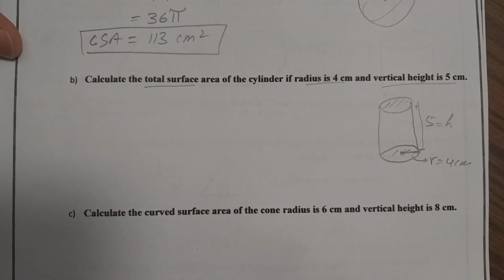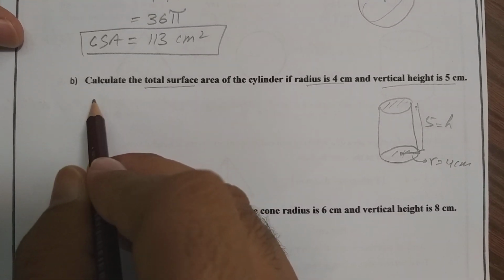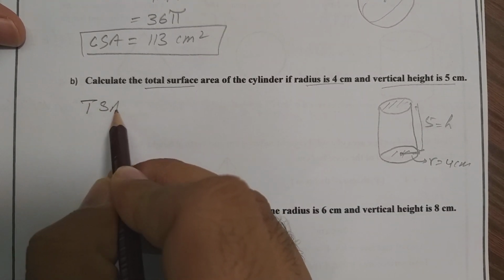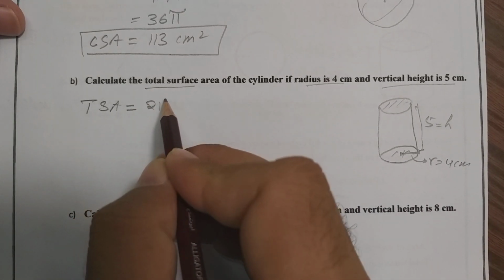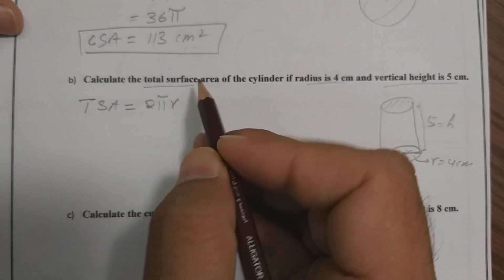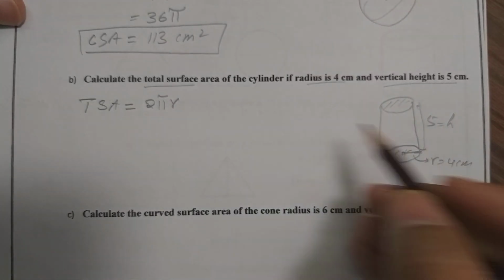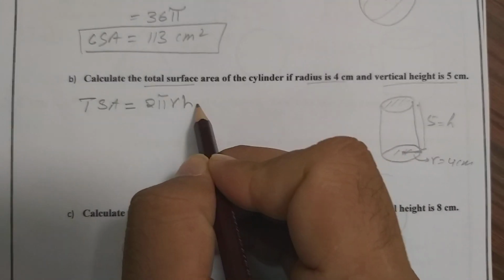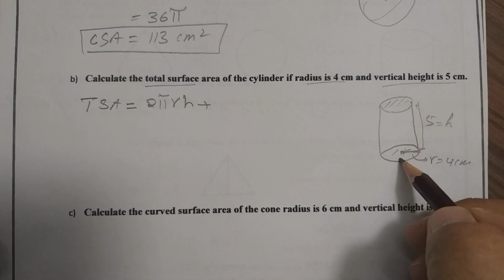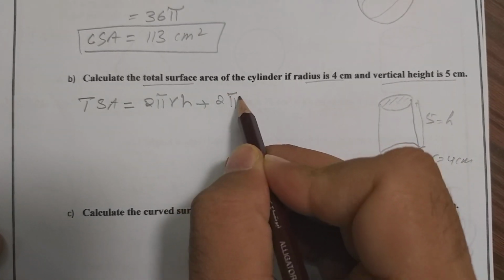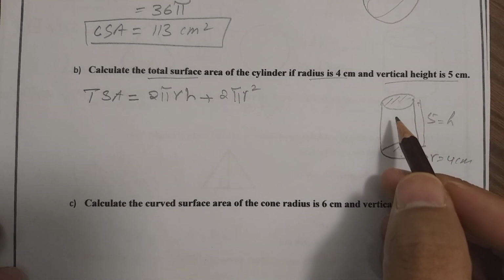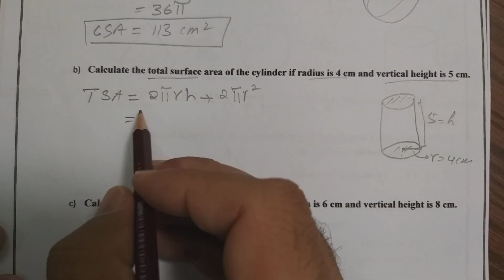Okay, now we know the total surface area of the cylinder equals 2 pi r h, the curved part, plus two circles, top and bottom, and one circle equals pi r squared. So because there are two circles, they have 2 pi r squared. Just substitute the values in the formula.